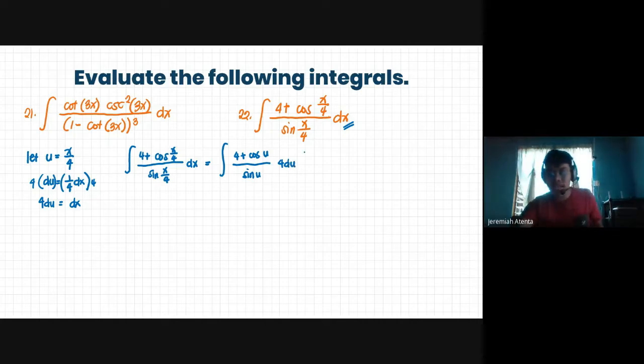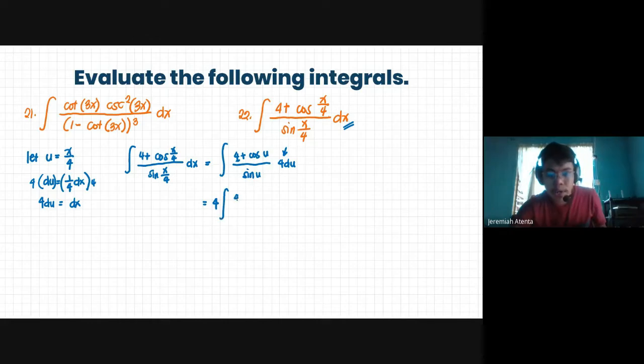The numerical coefficient we can put outside, so we have 4 times the integral of 4 plus cosine u over sine u du. This is the 4 we took out.